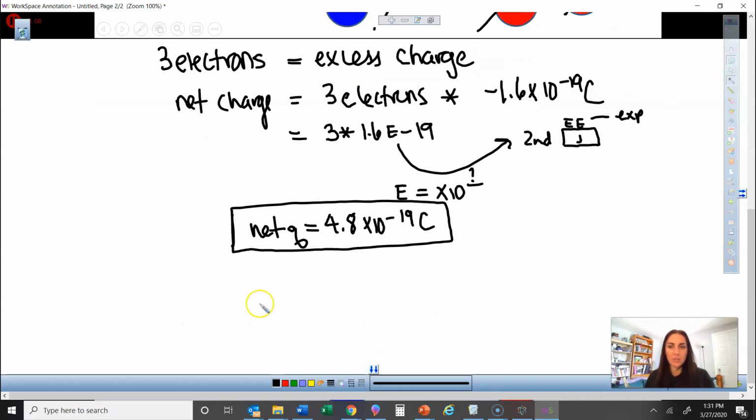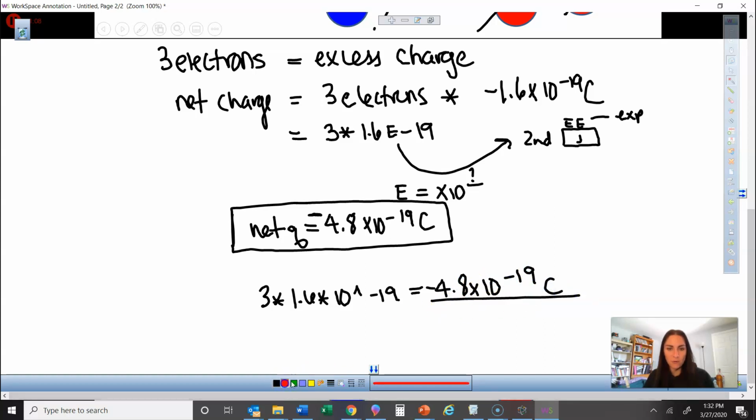Now, I want to show you something. I know you can't see my calculator. If you do this, 3 times 1.6 times 10, and you do that caret to the negative 19, this is the answer you get. Type it in just like that, as you might type it in. Sorry, this should be negative because of the electron nature of it. Notice that it's off.